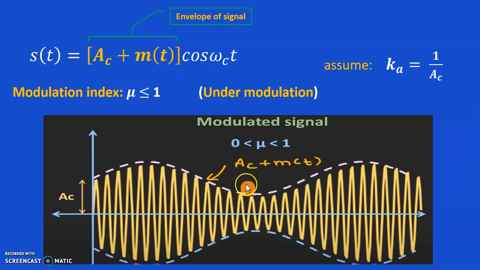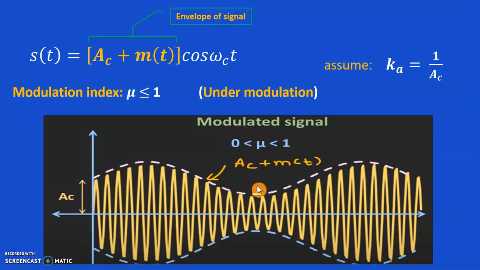Now for the envelope detector, the thing is the shape of the envelope. The shape of the envelope is similar to the shape of the message signal. So somehow if we can recover this envelope of the AM signal, then we can recover the message signal. This is the idea behind the envelope detector.